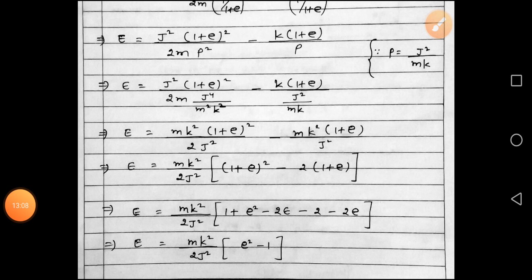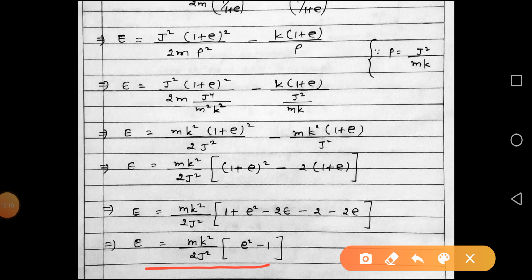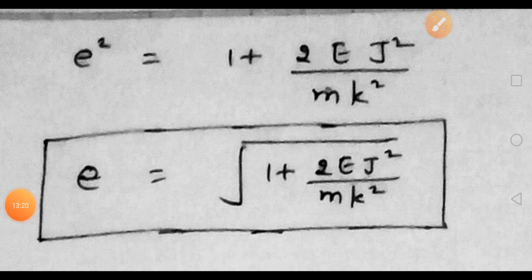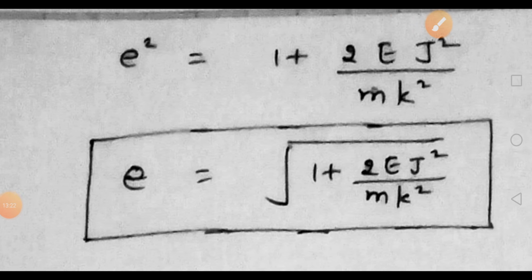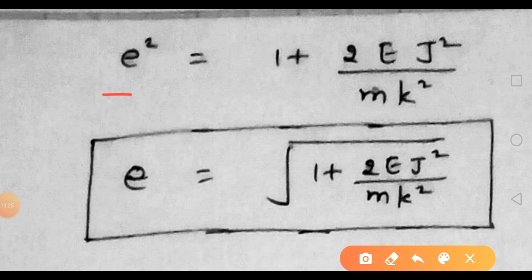So now from here we get eccentricity e square is equal to 1 plus 2Ej square upon mk square, and e is equal to root of 1 plus 2Ej square upon mk square.